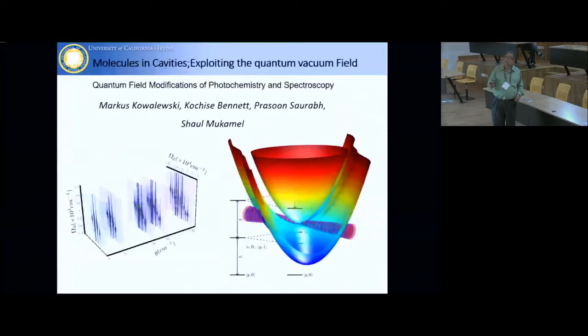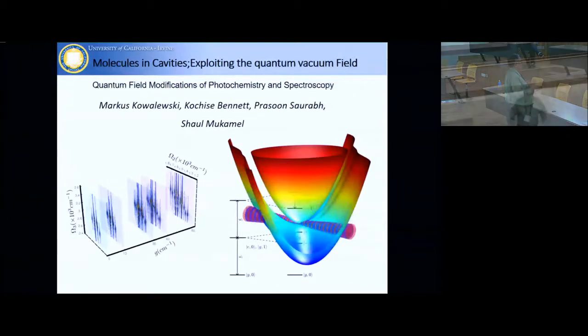All right. So another type of quantum light is when you do experiments in a cavity. The cavity, you have the quantized electromagnetic field, and you have the polaritonic states. And we heard a lot of stuff about different experiments in cavities.